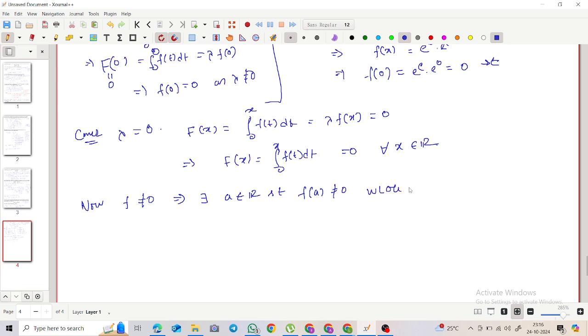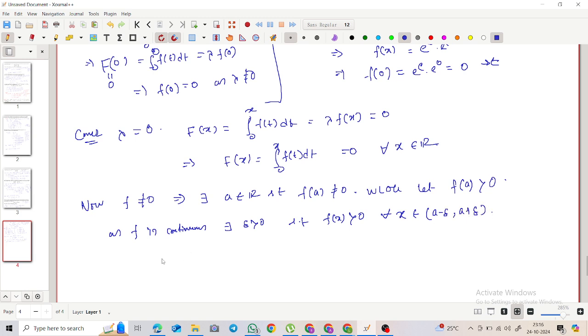So without loss of generality, let f(a) be greater than 0. As f is continuous, there exists delta greater than 0 such that f(x) is greater than 0 for all x belonging to (a minus delta, a plus delta).